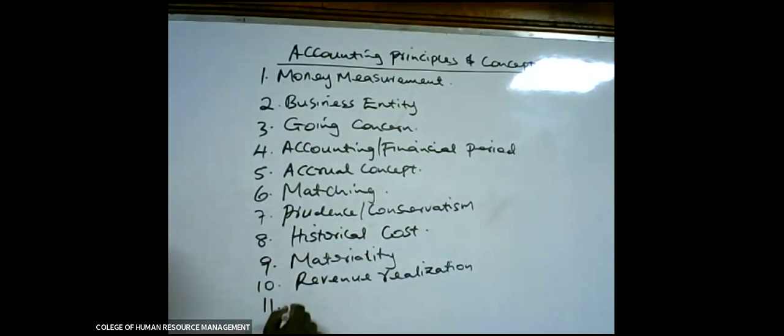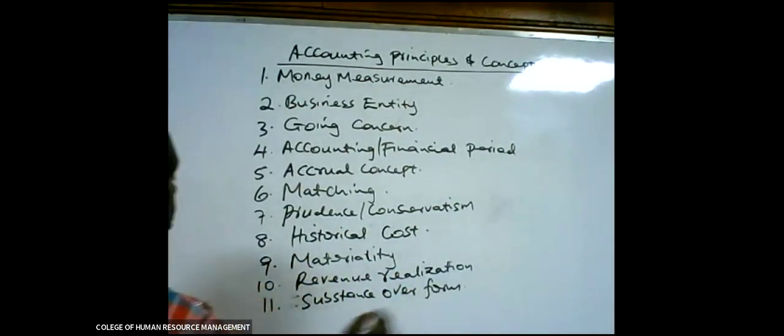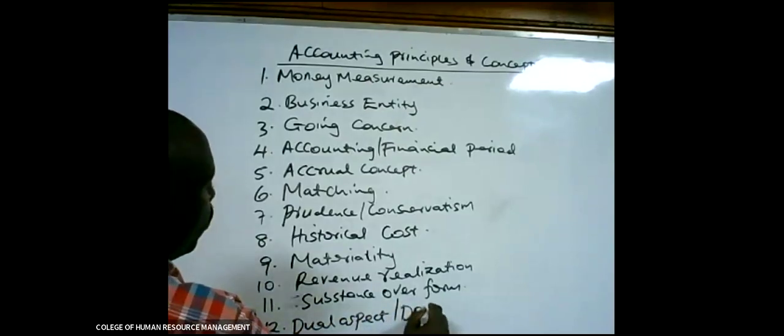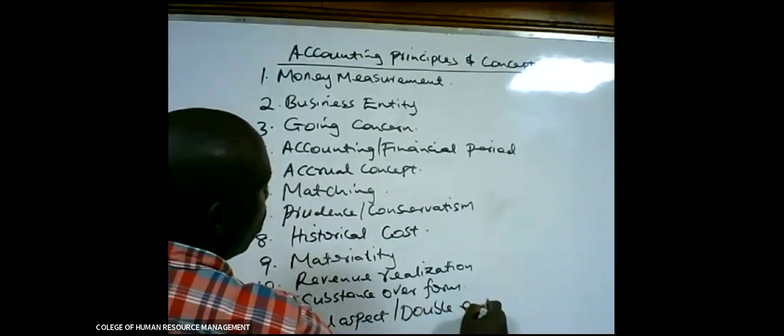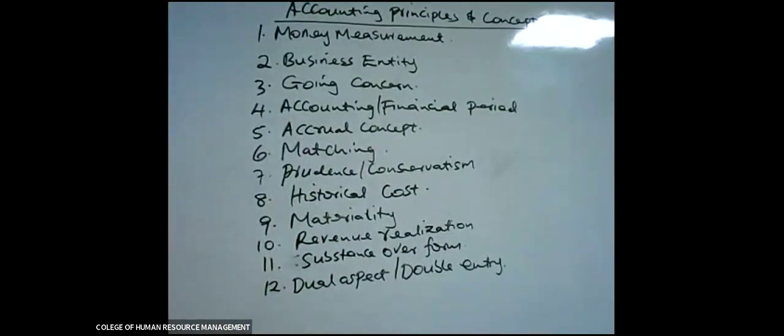Number 11 is the substance over form. Number 12 is the dual aspect or double entry. Those are the 12. In most cases, they give you 5 randomly.